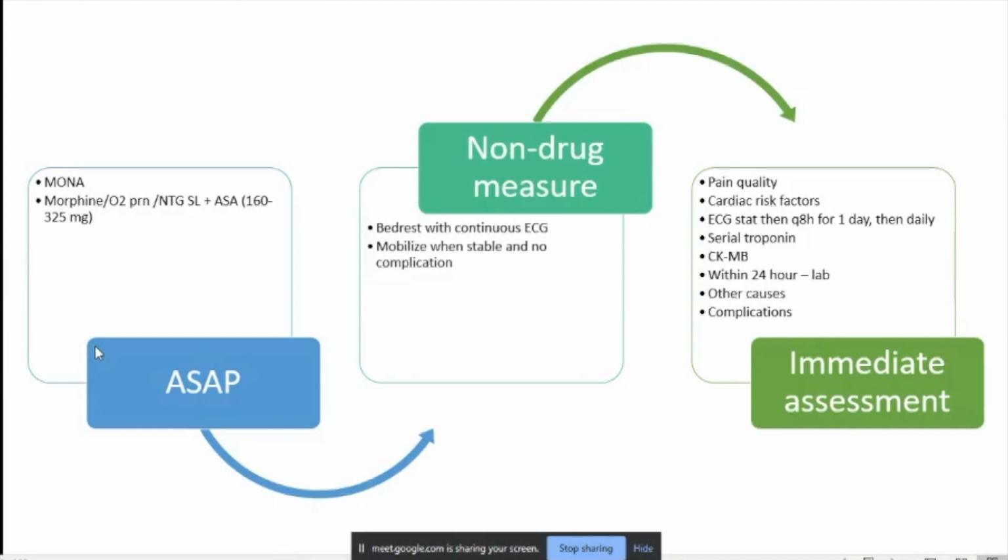Now we have some non-drug measures for the patient. Bed rest with continuous ECG. ECG is really important here. Why? Because the physician will do the ECG stat, to differentiate whether the myocardial infarction is STEMI or unSTEMI. It's really important to differentiate, because the treatment is based upon that.